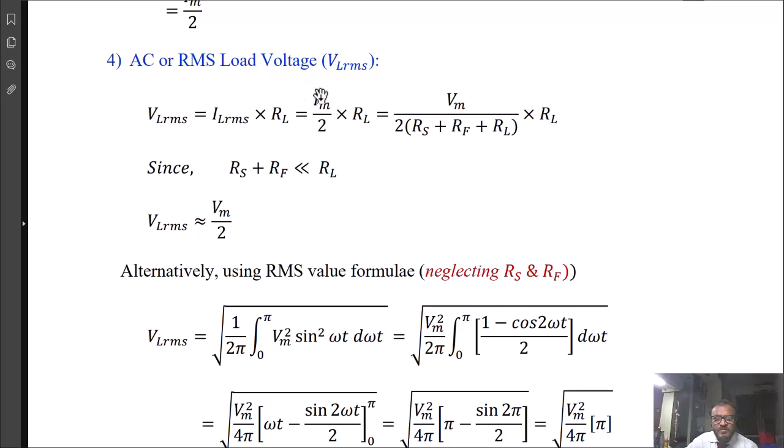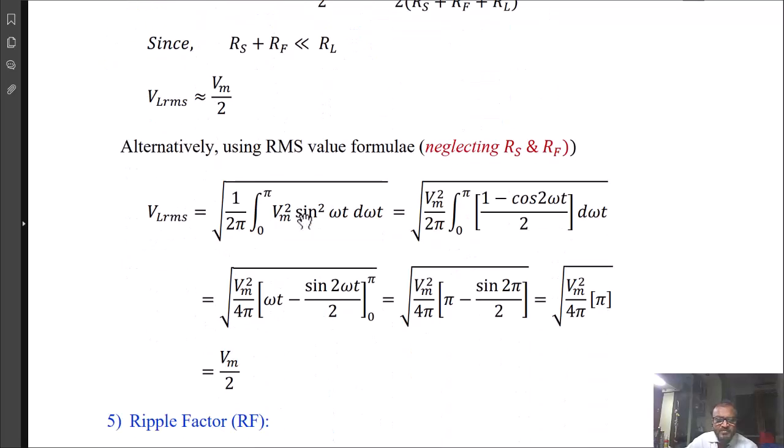Substitute the value of Im, that is Vm upon Rs plus Rf plus RL. Since Rs and Rf is much less than RL, the right hand side will be reduced to VLRMS approximately equal to Vm by 2.